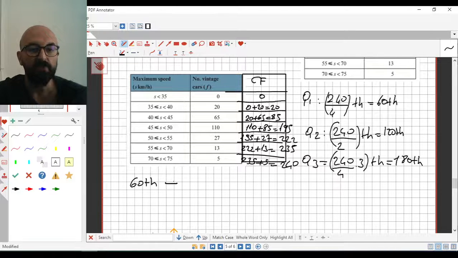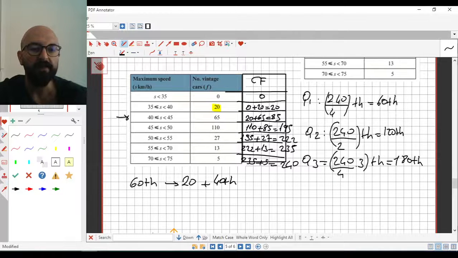Okay, and I want the 60th car speed. So we have the third group with 65 cars, and the cumulative 85 cars. So we should take 20 for the second group, 20 cars, plus 40 cars.